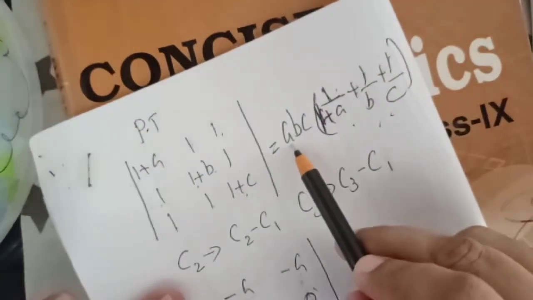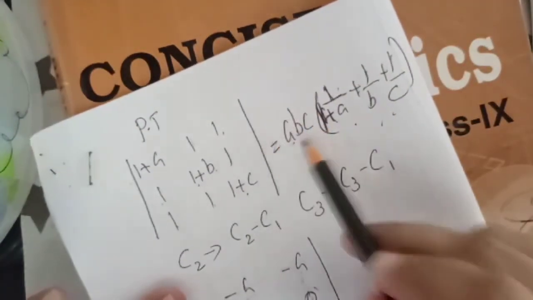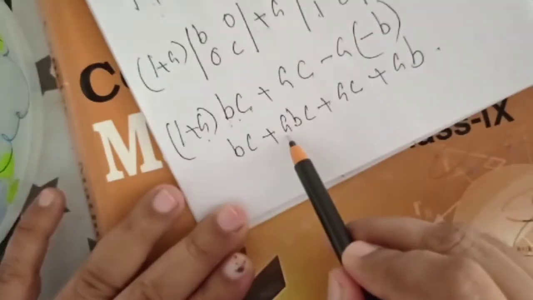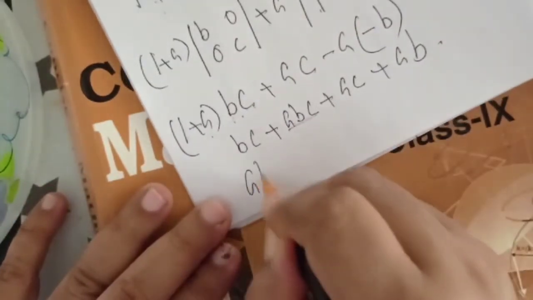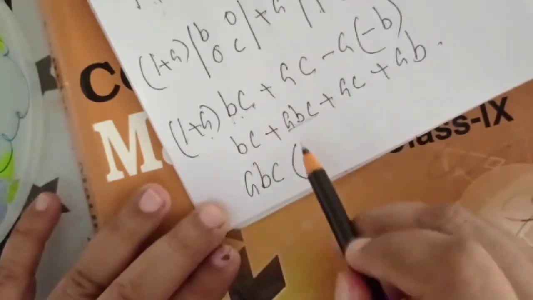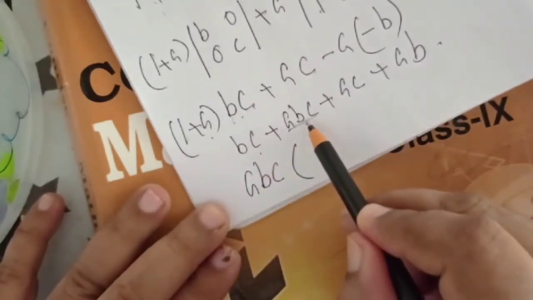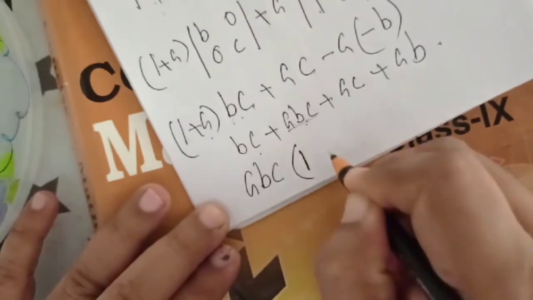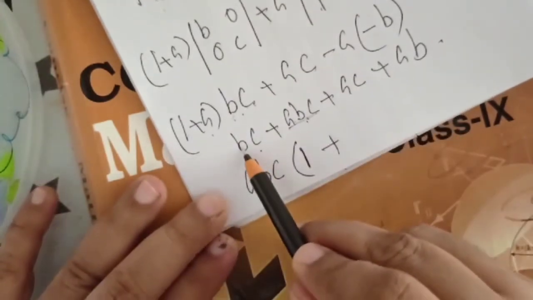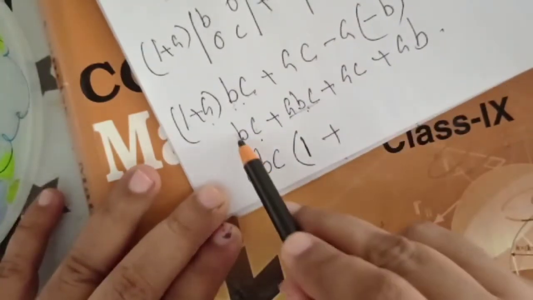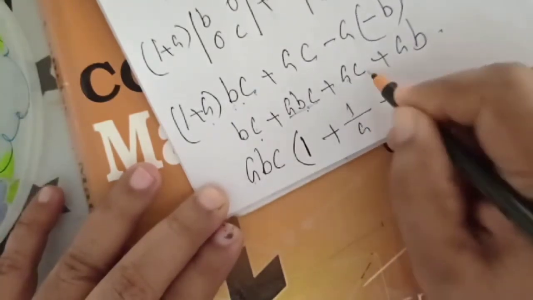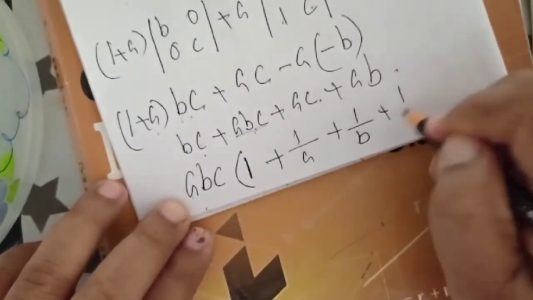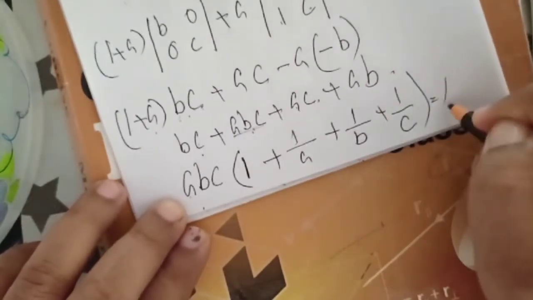In the answer form, ABC is outside. Therefore, we can take ABC outside from these 4 terms. When you take ABC outside, you will get 1 plus BC by ABC. What is the meaning? BC by ABC is 1 by A. AC by ABC is 1 by B. AB by ABC is 1 by C. That is the RHS.